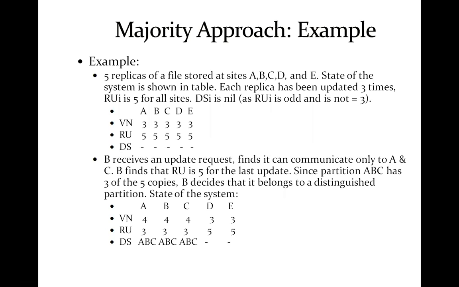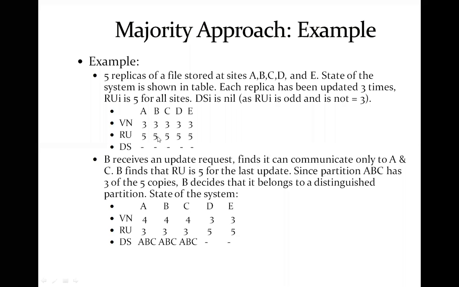It means there is a partition, and that partition will have the set A, B, and C, because B has received the request and it can communicate only with A and C. So it will find that the latest version available with A, B, C is 3, and the number of replica updated associated with these 3 is 5. So the number of replica updated is 5, and the latest version is 3.